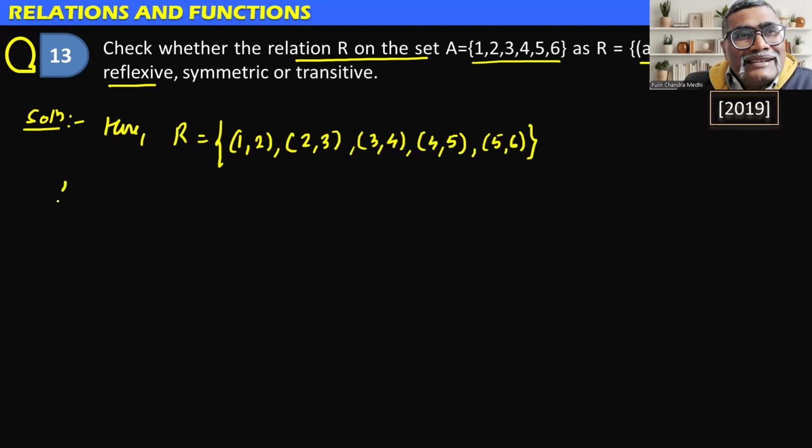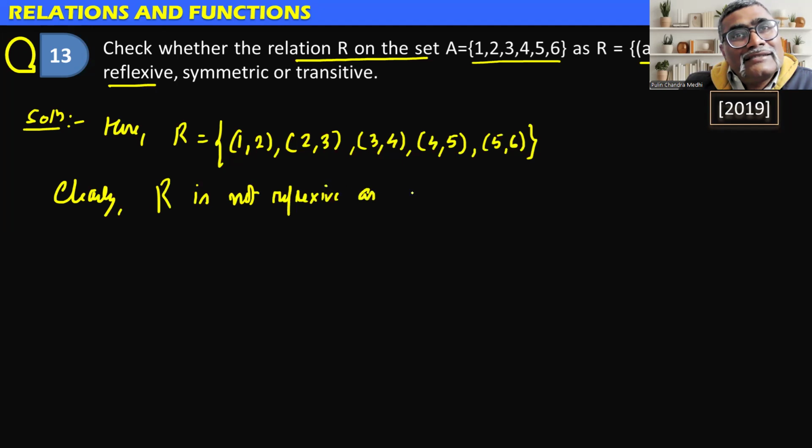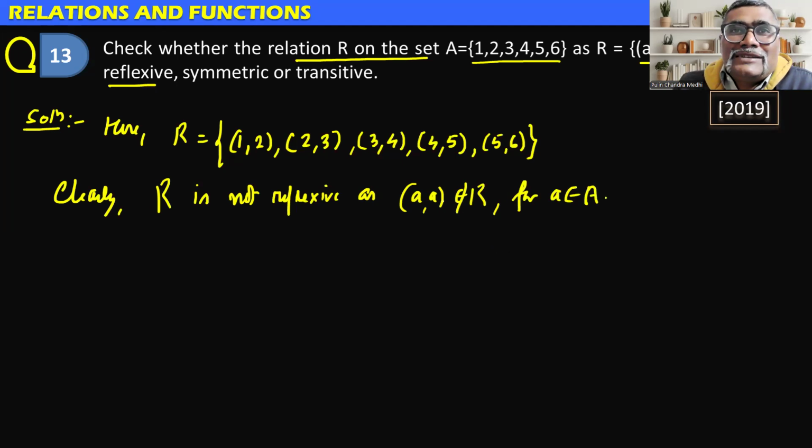So you can write, clearly R is not reflexive as A comma A does not belong to R for A belongs to set A, right? Not for a single one it is there. Okay. Is it symmetric?